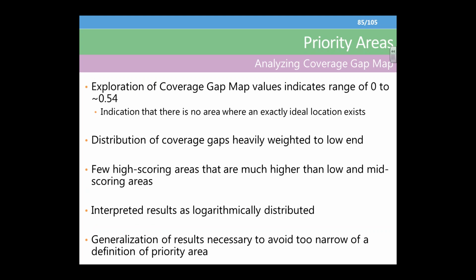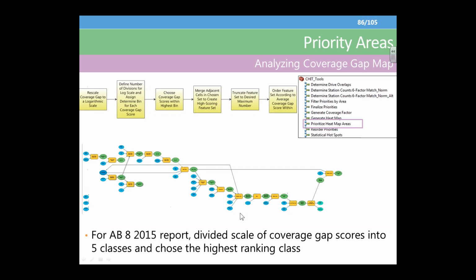So we utilize that to transform the data and generalize what the highest ranking regions are. Essentially we rescaled to that logarithmic scale. The user can define how many bins they want to classify all the values in.